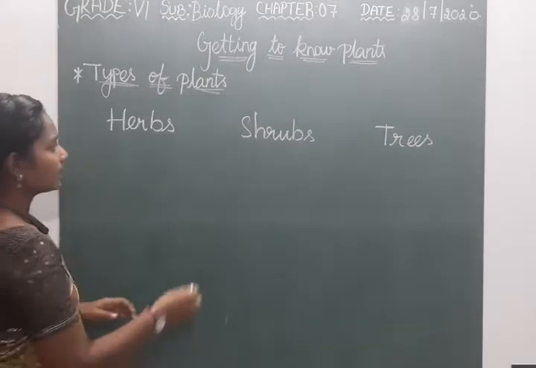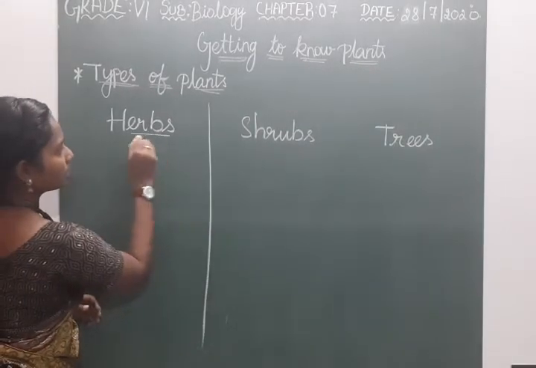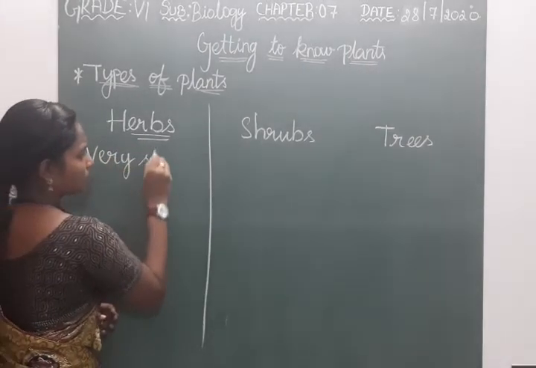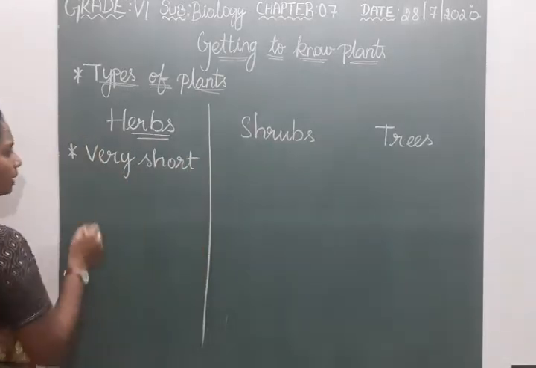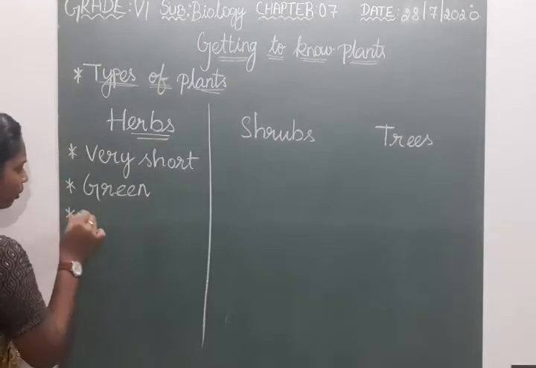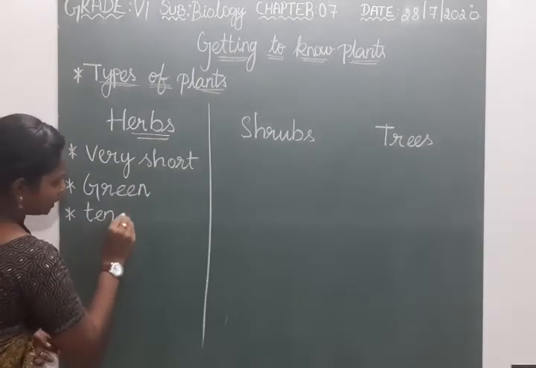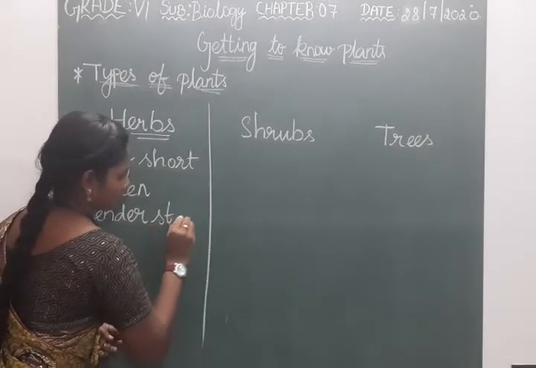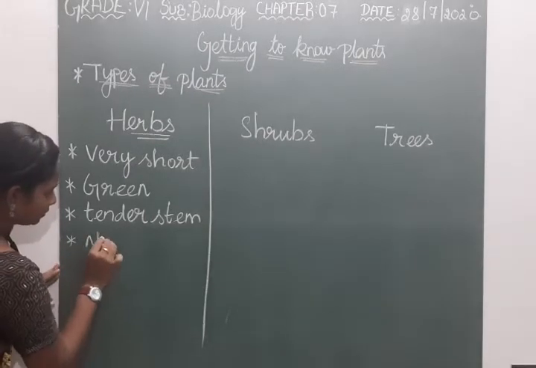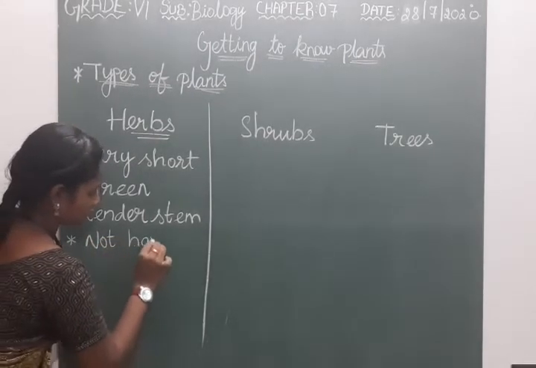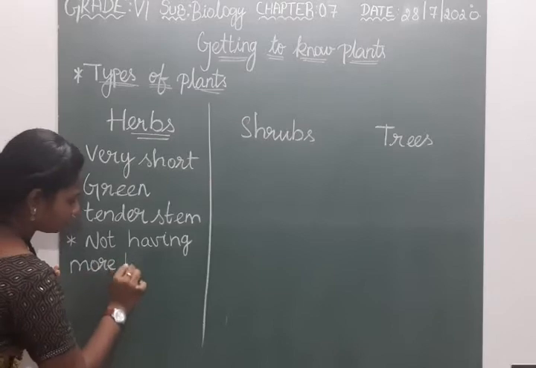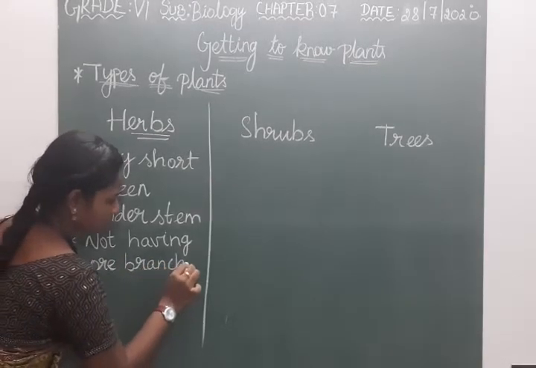The first category we are going to discuss now is herbs. In herbs, the plants are very short, up to the ground level. They are green, and they have a soft, delicate stem, that is a tender stem, and they won't have many branches.